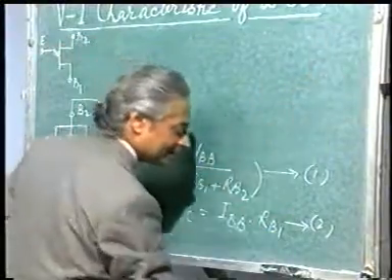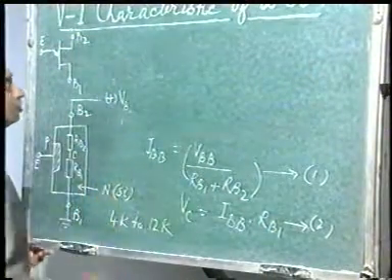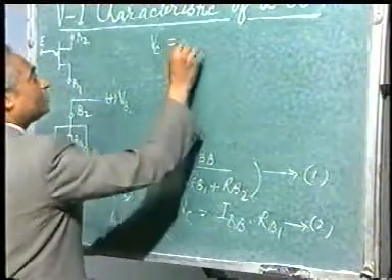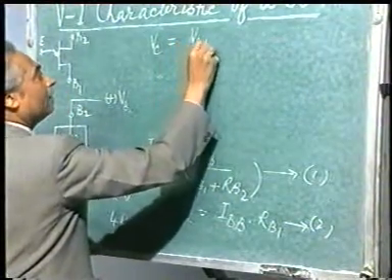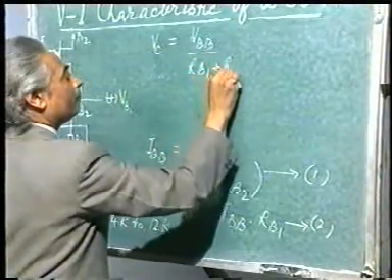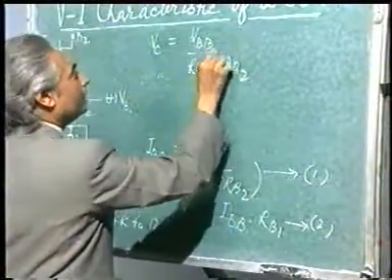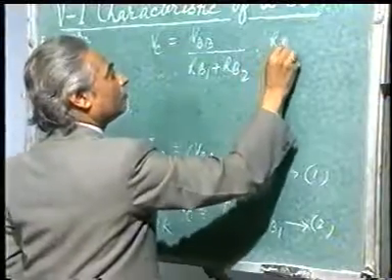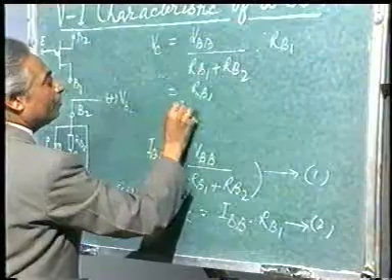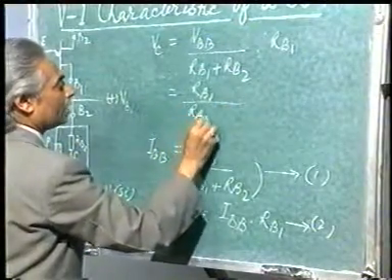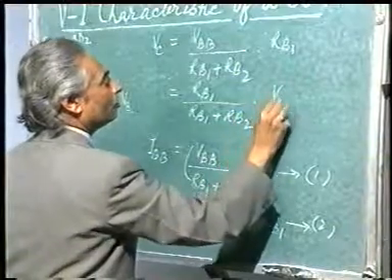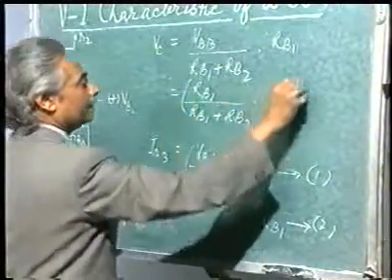Substituting the value of IBB from 1 in 2, we get Vc equal to, in place of IBB I will write VBB divided by Rb1 plus Rb2 into Rb1, or this can be written as Rb1 upon Rb1 plus Rb2 into VBB.